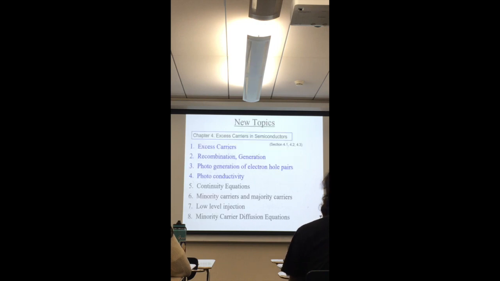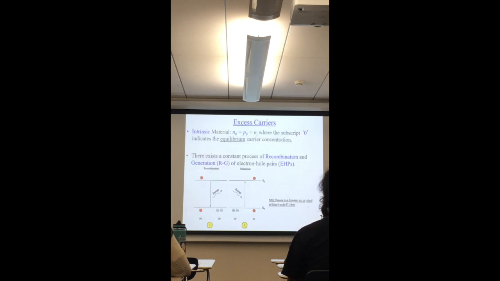Okay, so now let's continue to discuss the new topic. We have introduced the intrinsic material, right? For intrinsic semiconductors, we have used this n naught or p naught, and they are the same, and it equals the intrinsic concentration. This subscript 0 indicates the equilibrium condition.